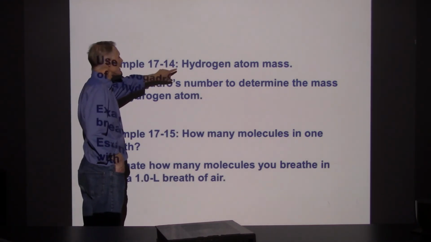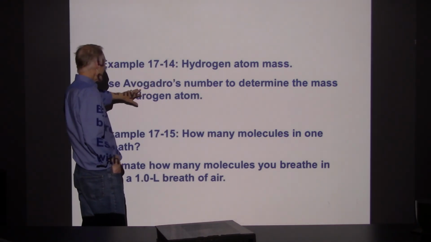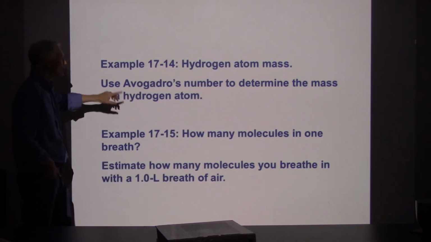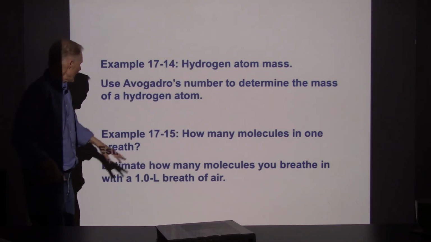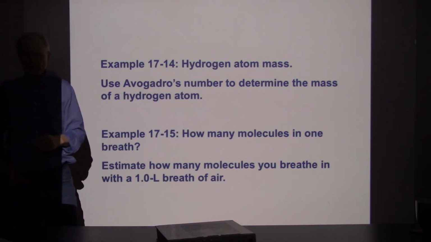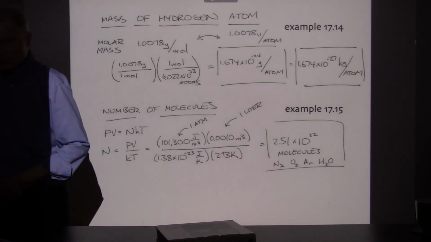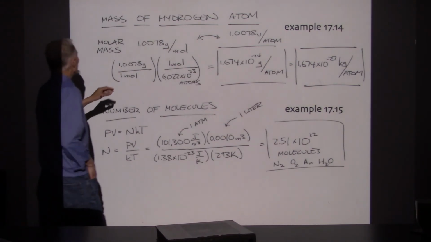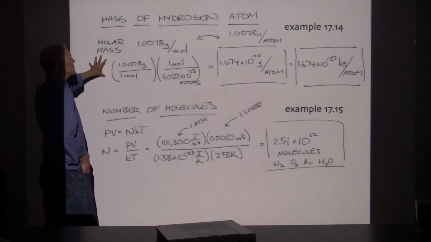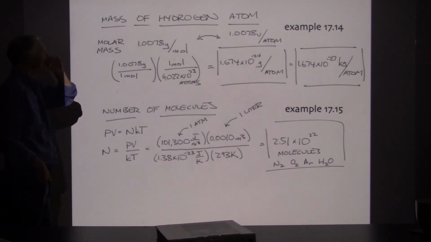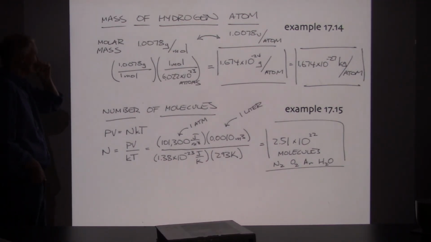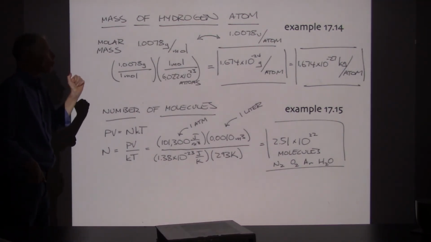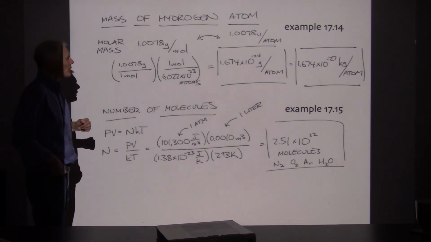Example 14 says, use Avogadro's number to determine the mass of a hydrogen atom. Let's just do one at a time. Here it is, the molar mass of hydrogen. Now, that won't work, and here's the reason why.